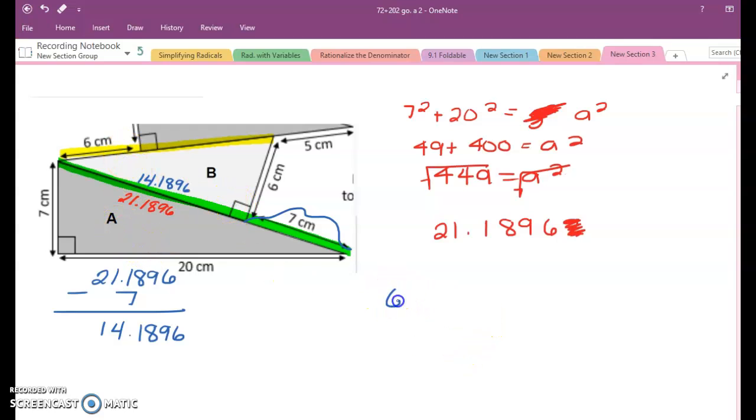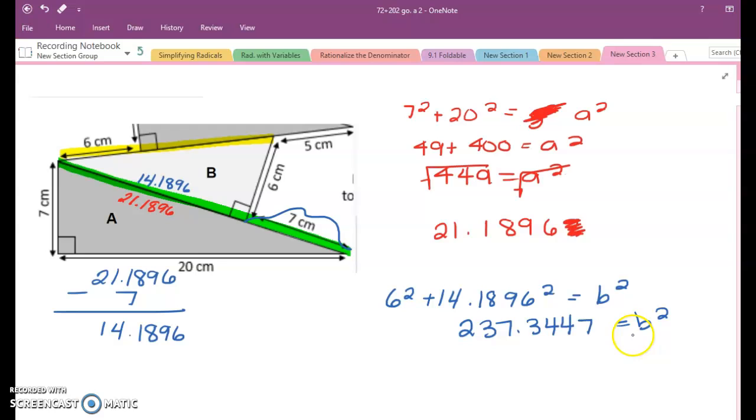Okay, then I'm going to set up to solve the yellow. So I would do leg squared plus leg squared equals my hypotenuse squared, which is my B. Okay, so 6 squared plus 14.1896 squared gives me 237.3447 equals B squared.